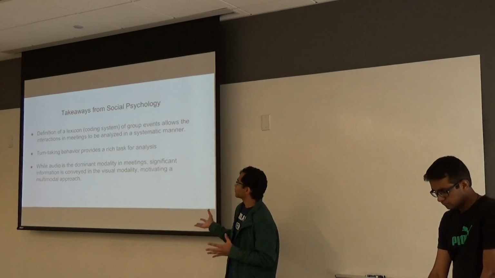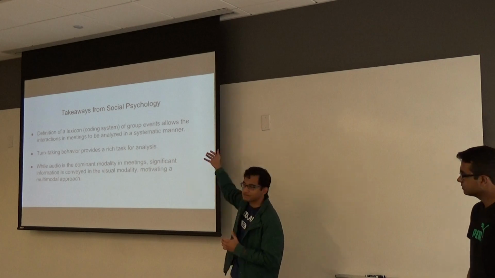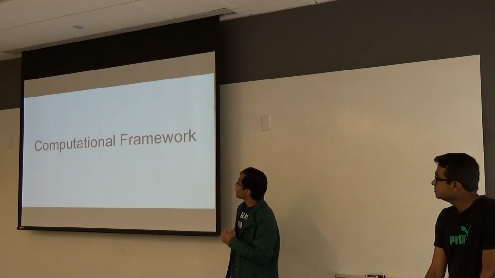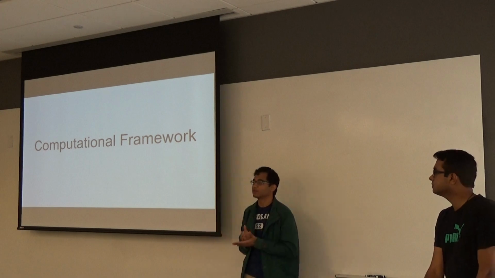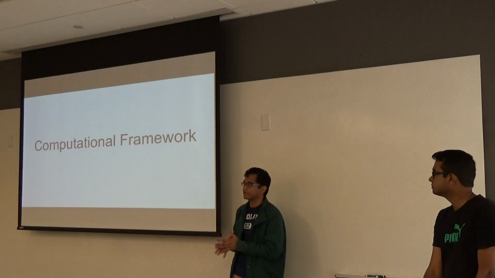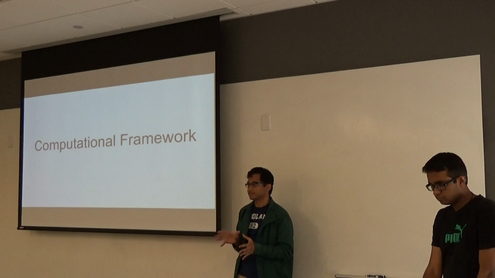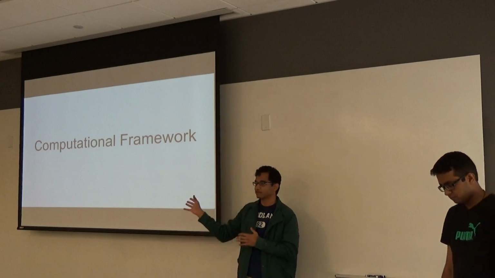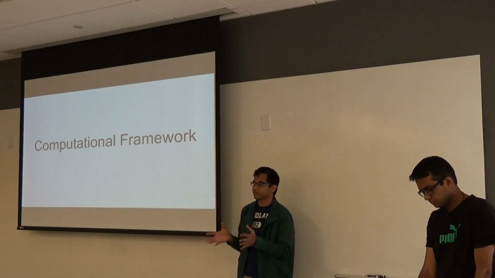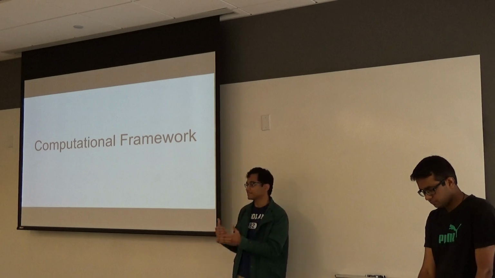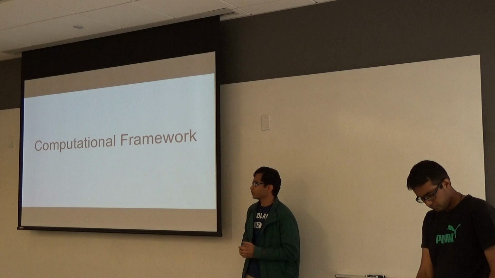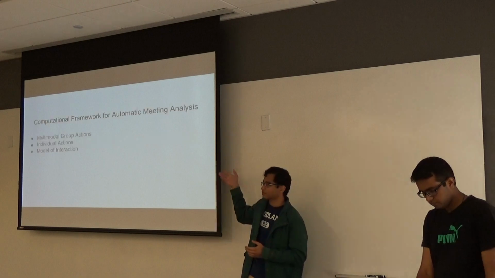So these are the takeaways that I already discussed. We have the motivation, and we know the social psychology behind it. After this, they define a computational framework so as to statistically model the meeting. There are three components of this framework.